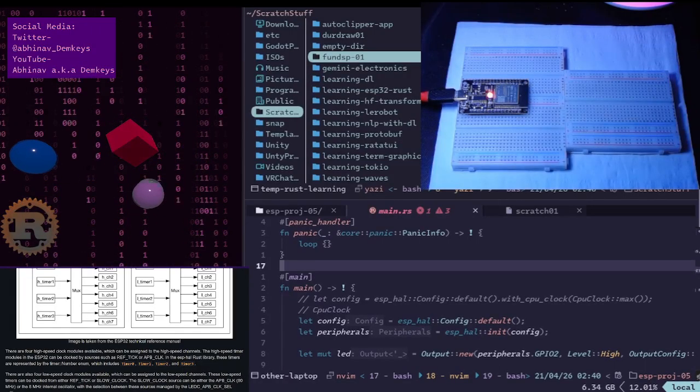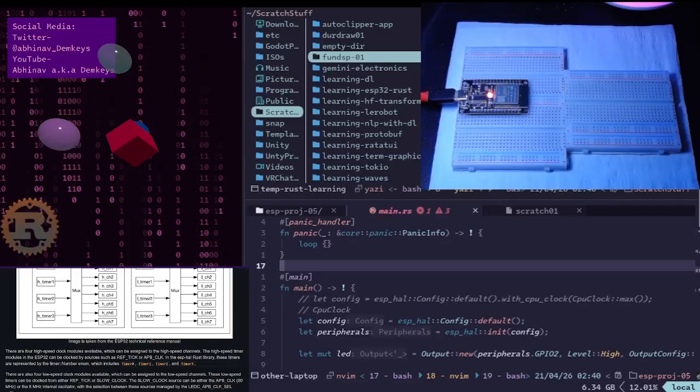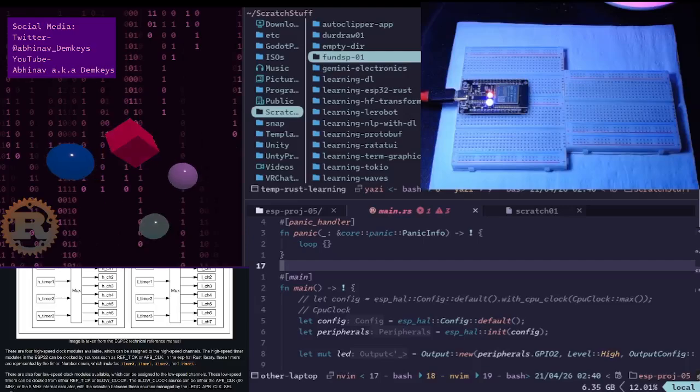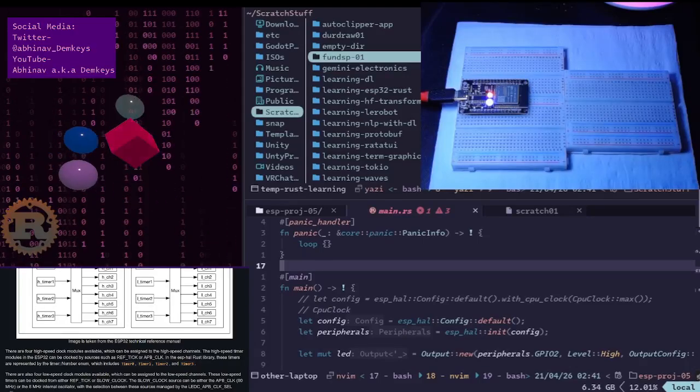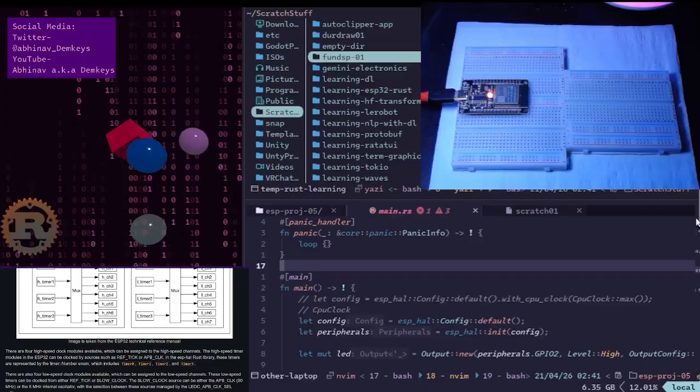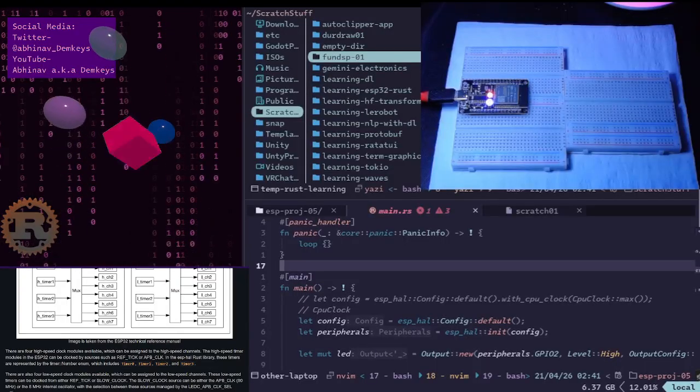By the way, ever since I started using WesTerm, and I set up this new layout, where, hold on, I need to refresh this stream. Okay, there you go.